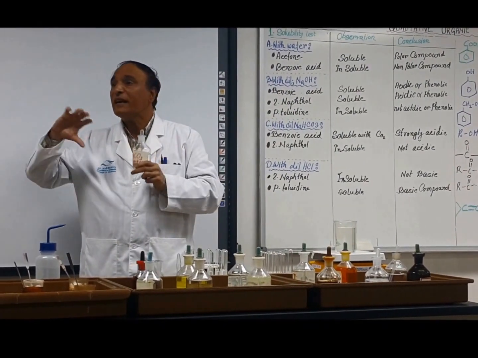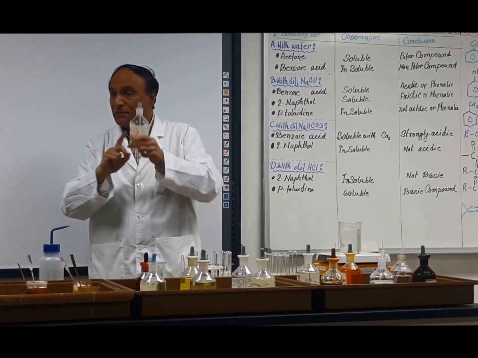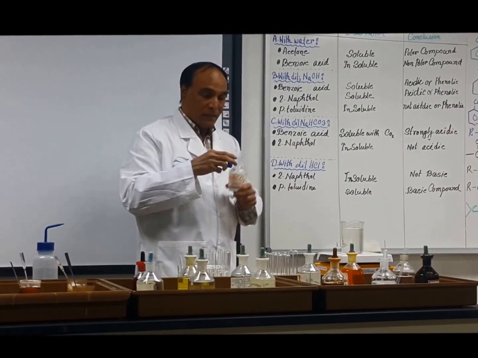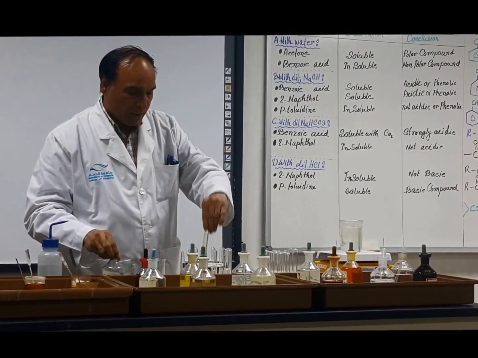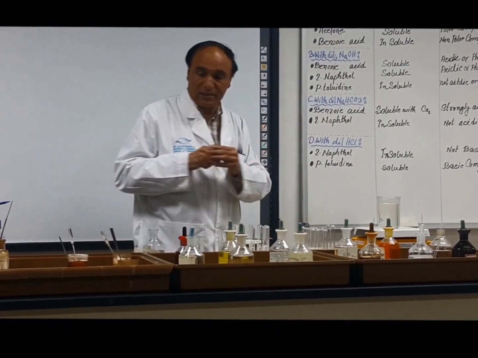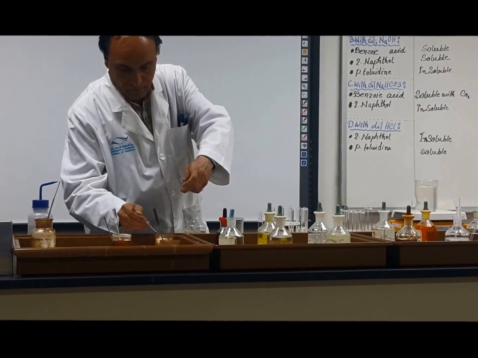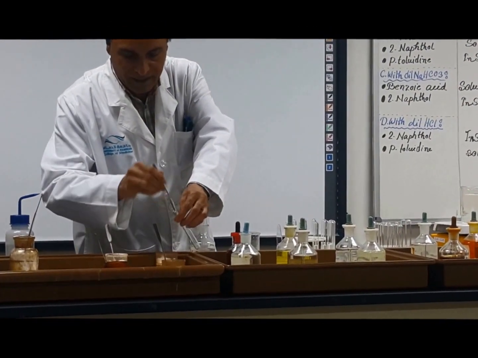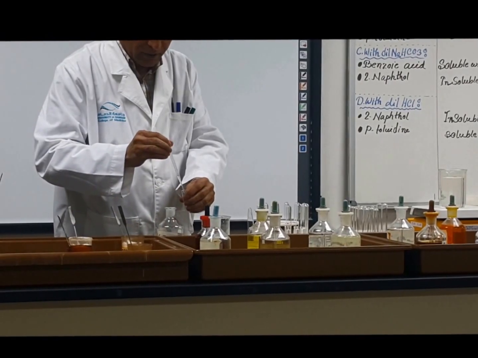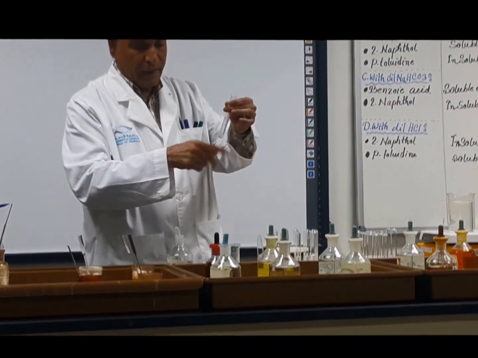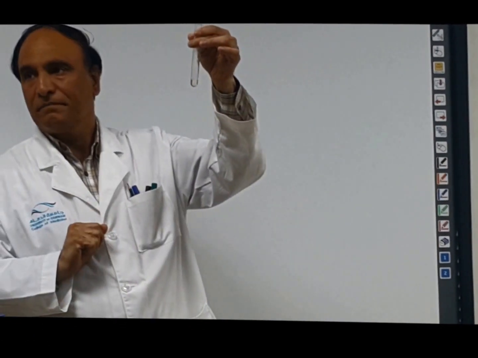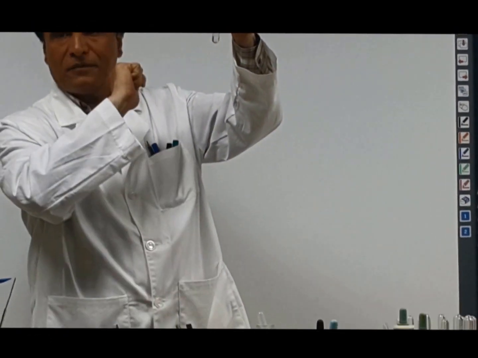If something gives carbon dioxide bubbles with sodium hydrogen carbonate, that is an acid. Okay, so I take benzoic acid once again. Here is the benzoic acid, and I add sodium hydrogen carbonate, and it dissolves and gives carbon dioxide. Bubbles of carbon dioxide are formed.